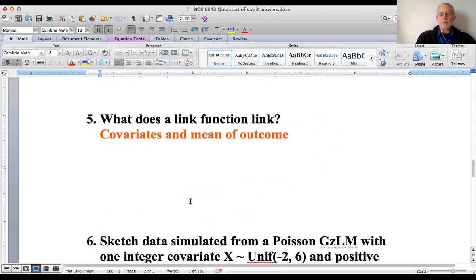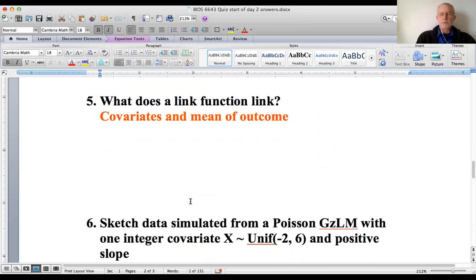And then finally, this one, which we did last time: sketch data simulated from a Poisson generalized linear model, or Poisson regression, with one covariate and a positive slope. You remember what that one looked like? What are the main features of it? What values will y take on?